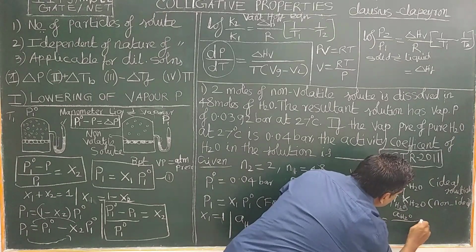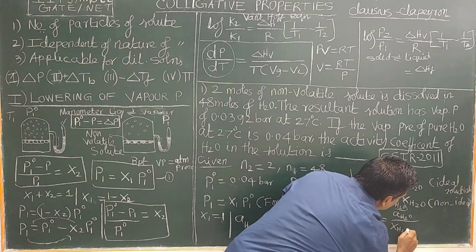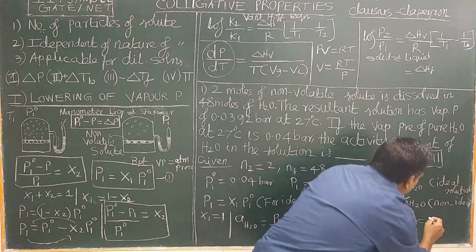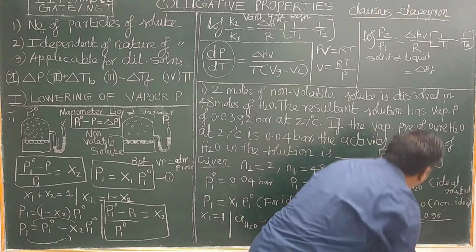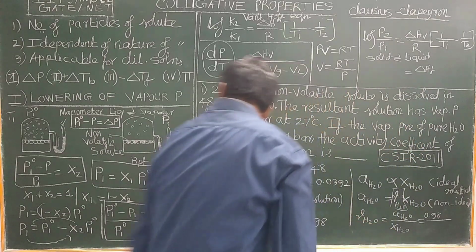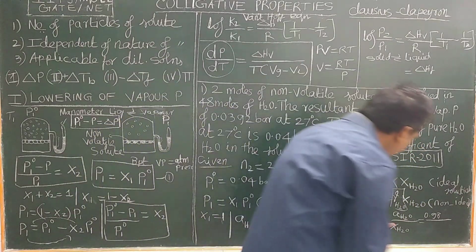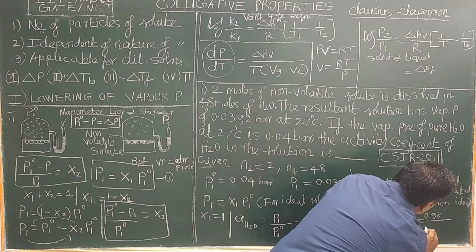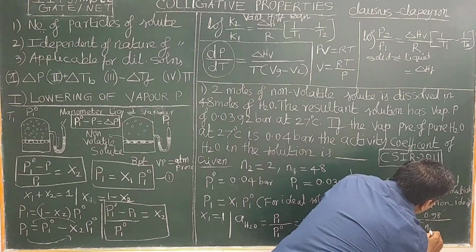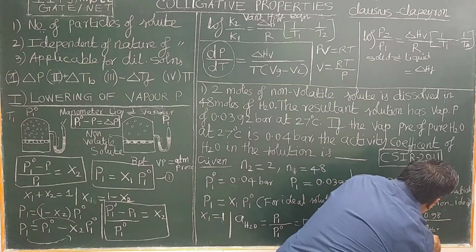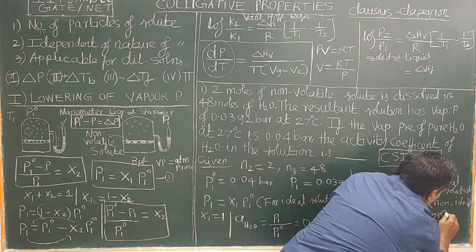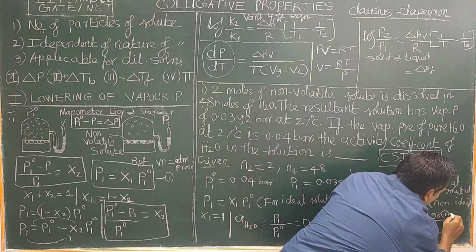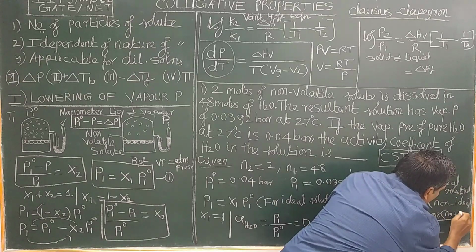We have already calculated the mole fraction of H2O. So the mole fraction of H2O is the activity, 0.98, divided by N water divided by N water plus the non-volatile solute.